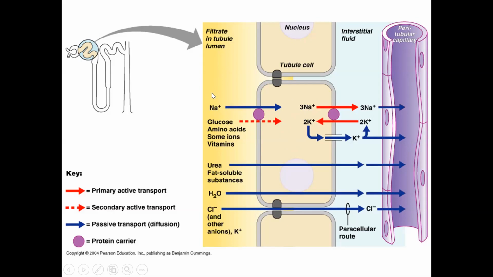When you first filter out blood, there are a lot of sodium ions in the filtrate. So sodium concentration is very high in the filtrate. And here, because you keep pumping sodium out, inside of this cuboidal cell the sodium level is very low.